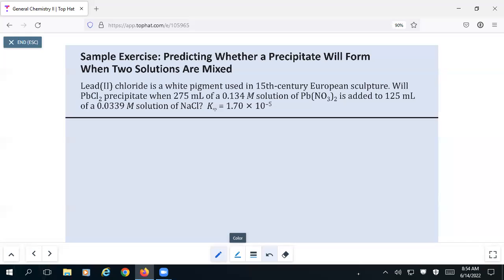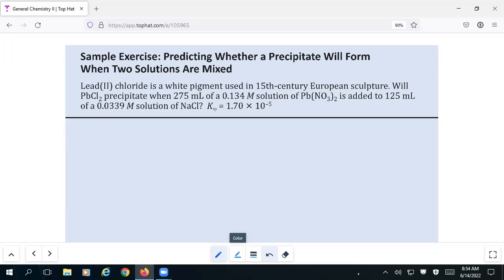Will lead chloride precipitate when a 275 milliliter solution of 0.134 molar lead 2 nitrate is added to 125 milliliters of 0.0339 molar sodium chloride? The KSP for lead 2 chloride is 1.70 times 10 to the negative fifth.